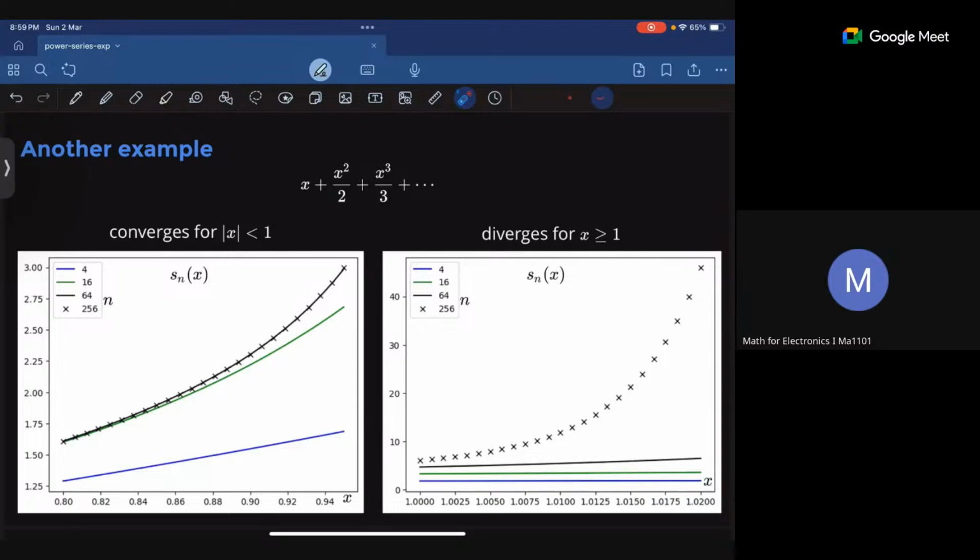It is x plus x square by 2 plus x cube by 3 and so on. If you write it as a summation, n equal to 1 to infinity, 1 by n into x to the power n. Here a_n is 1 by n.